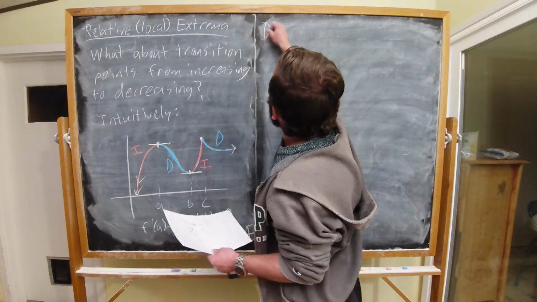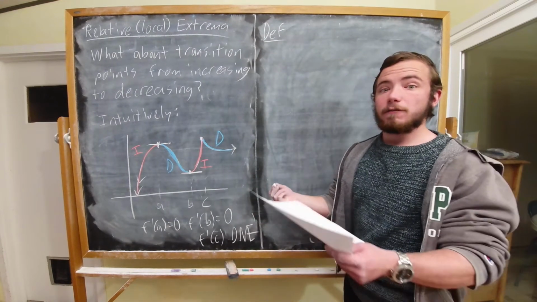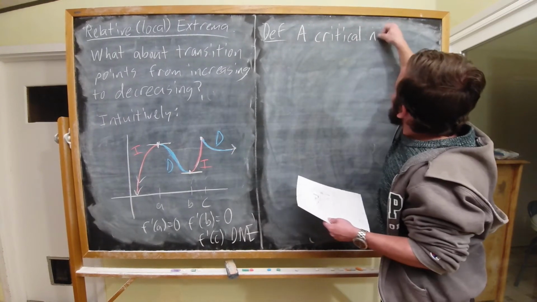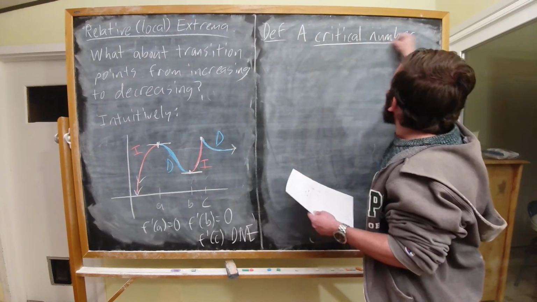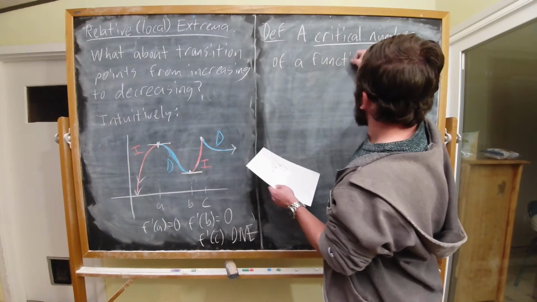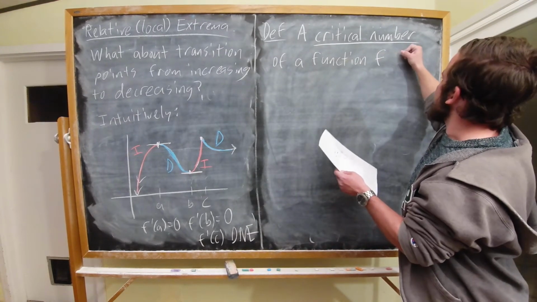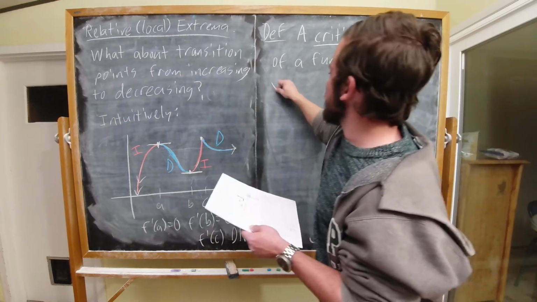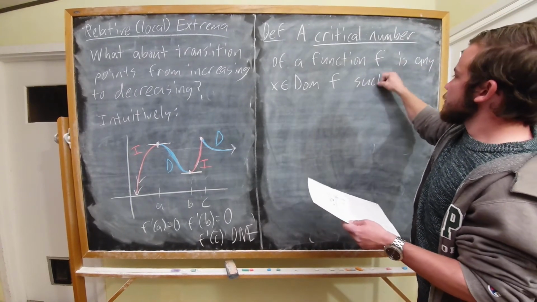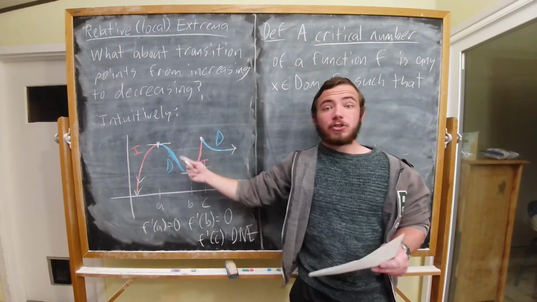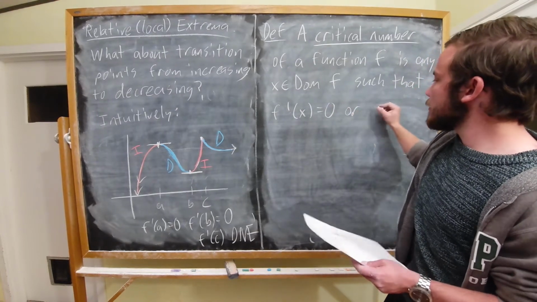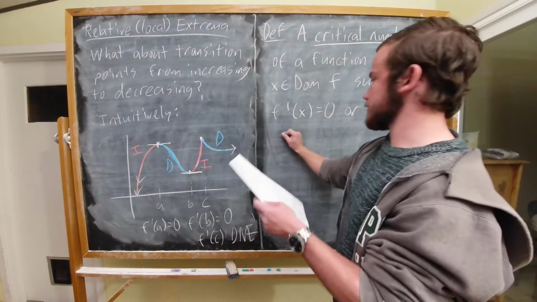Alright. Another definition for us. A critical number of a function f is any x in the domain of f, so any valid input to the function, such that one of these two conditions occurs. f prime of x equals 0, or f prime of x does not exist.